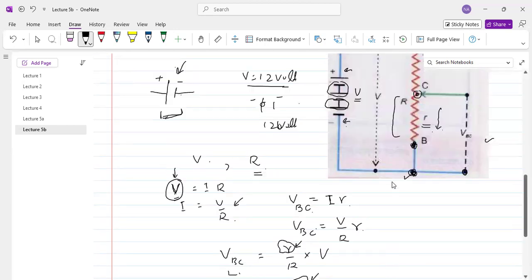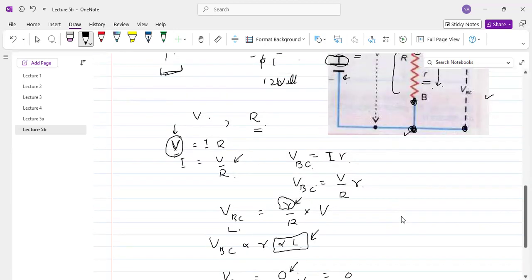But if we move the sliding contact towards A, the resistance goes on increasing.